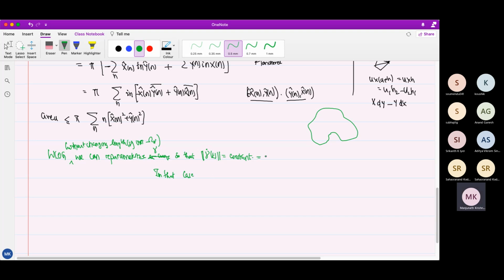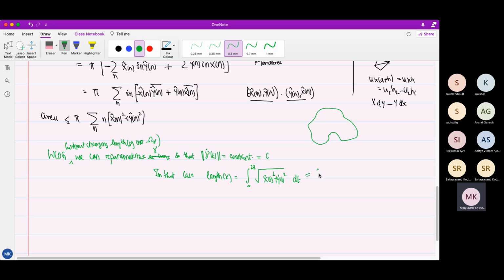so let's say this constant is some c. The length of gamma is going to be 2 pi c on the one hand, because the length of gamma is actually the integral from 0 to 2 pi of the square root of x dot of t squared plus y dot of t squared dt.